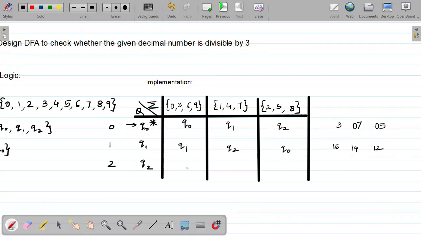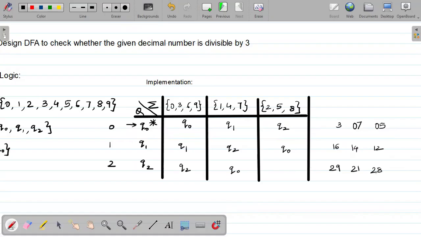We are in Q2. The number is 2. Then 9 comes in. So 29, when we divide by 3, will give us remainder as 2. 2 is already present. Now out of 1, 4, 7, we can take any one of the numbers. We take 1, so 21. 21 is exactly divisible by 3. Remainder is 0. We go to state Q0. So based on the remainder value that we get after dividing, we go to that particular state. From Q2, we can choose any one of the numbers.